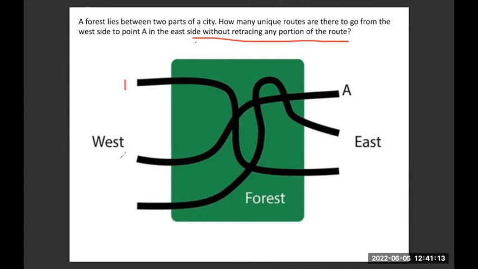So I'll just mark 1, 2, 3, A, B, and C. We have to move from 1 to A, 2 to A, and 3 to A. I'm going to mark certain lines in between, okay?